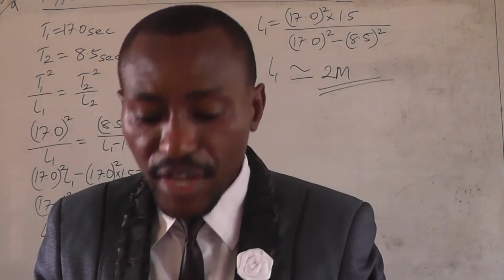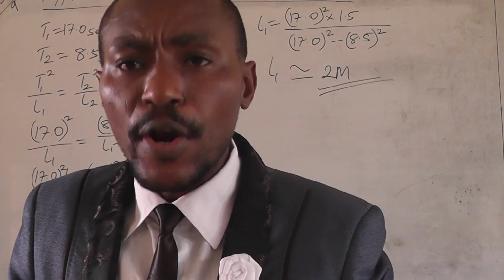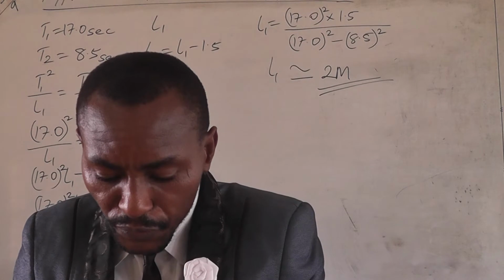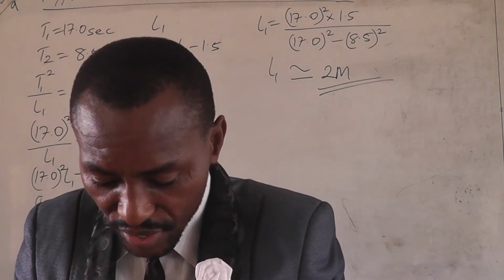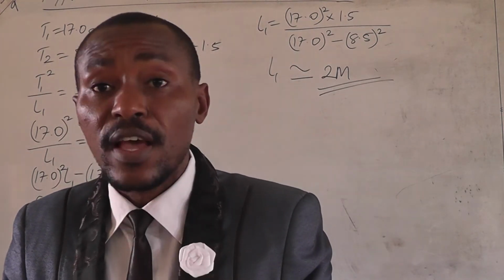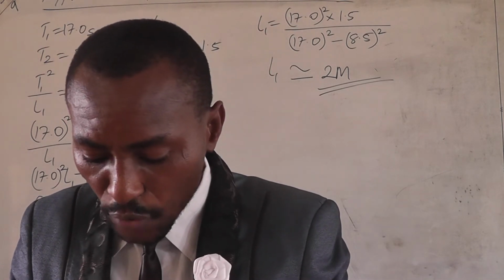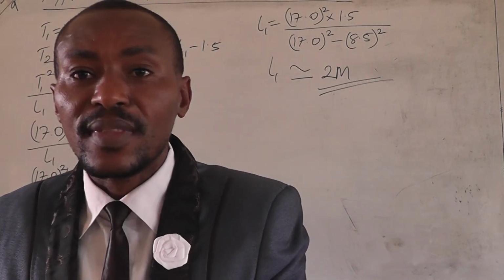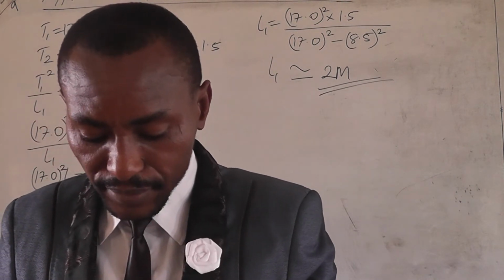The assignment reads: an object of mass 15 kg is at the point of sliding down a plane inclined at 36 degrees to the horizontal.